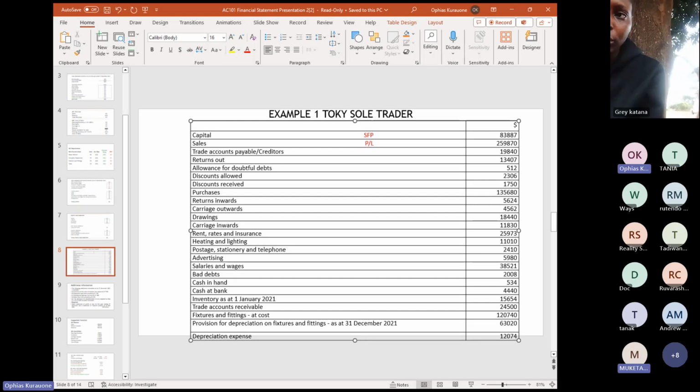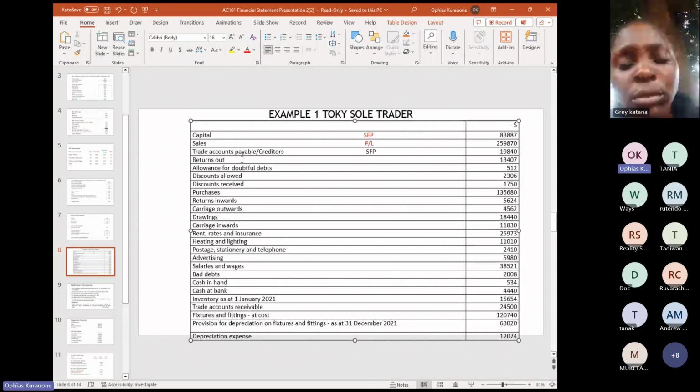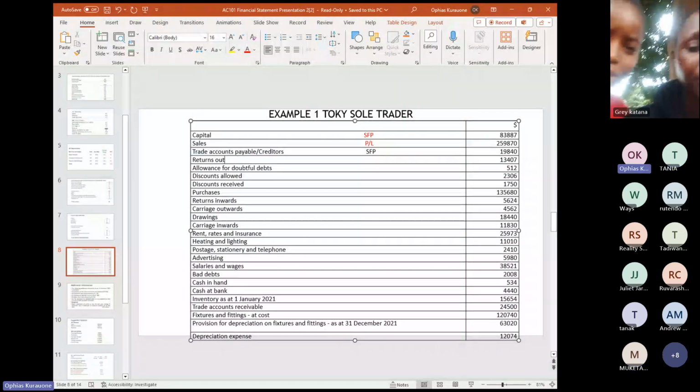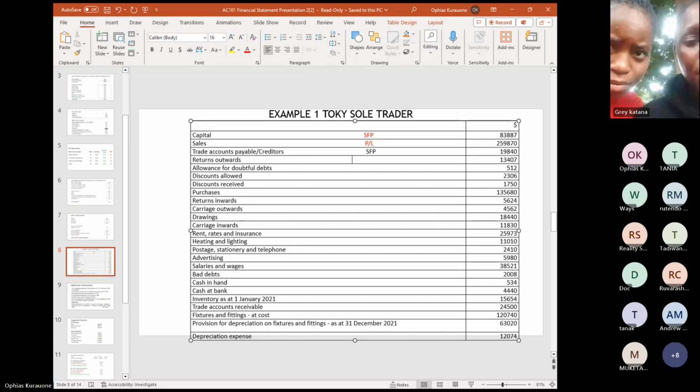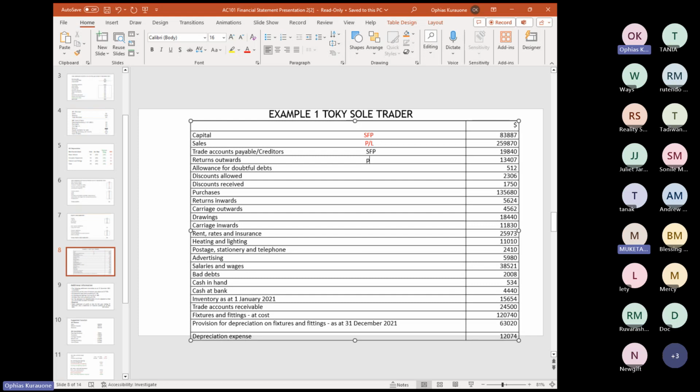In the statement of financial position, as a liability. Return outwards goes to profit or loss, the P and L.